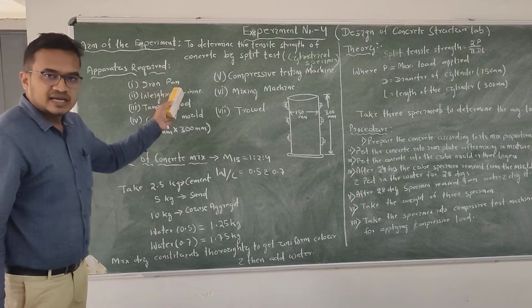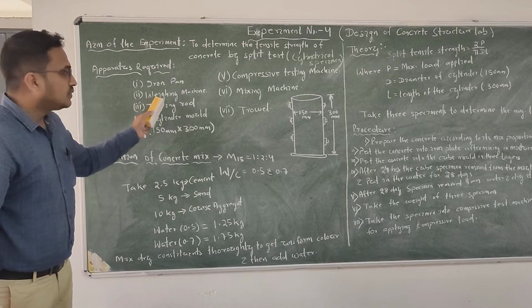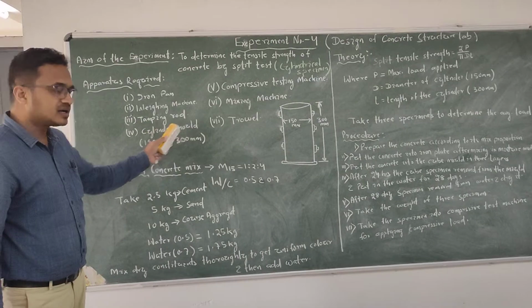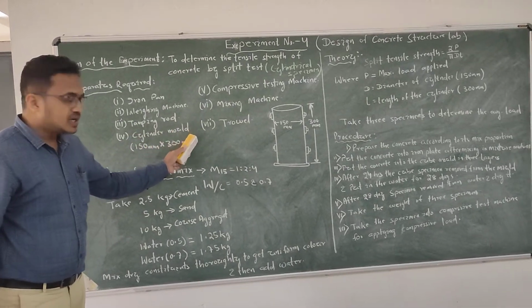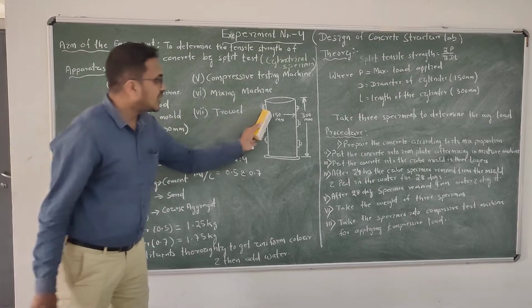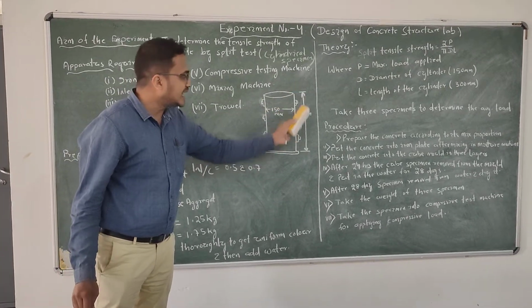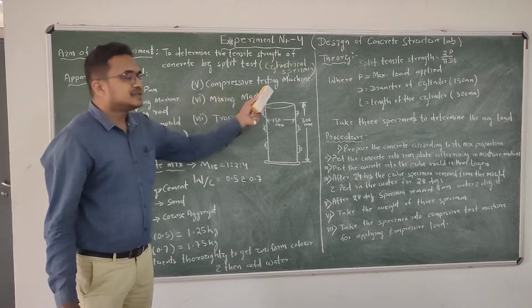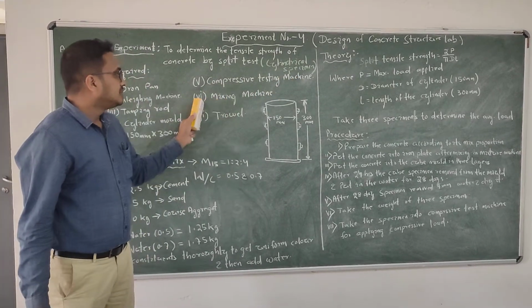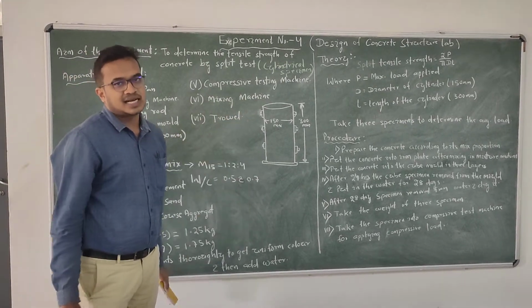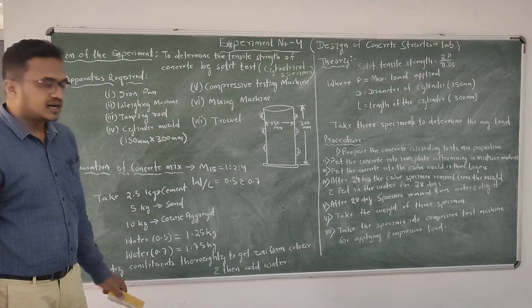First one is iron pan, second one is weighing machine, and next tamping rod, and cylindrical mold, having dimensions 150 mm diameter and height 300 mm. Then compressive testing machine, mixer machine, and the last one, trowel.